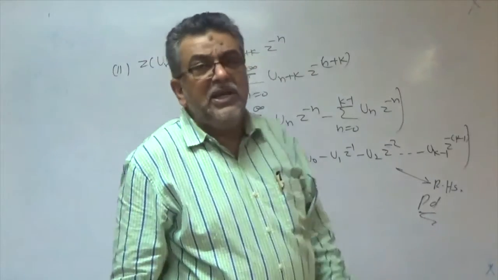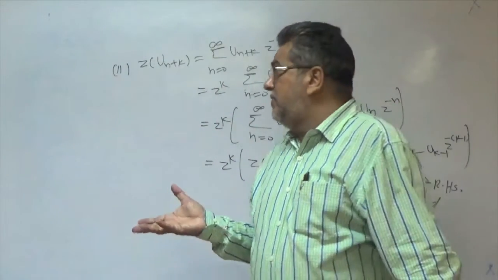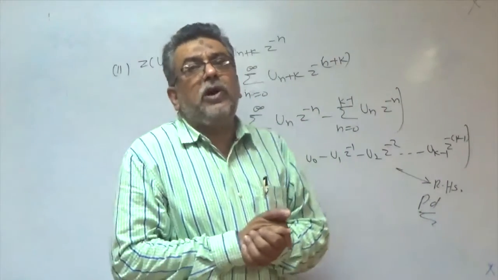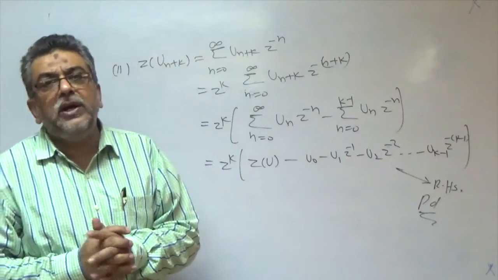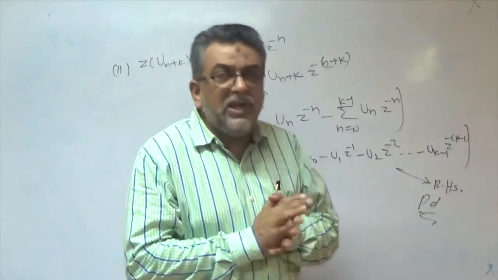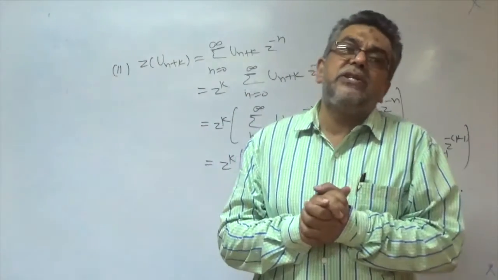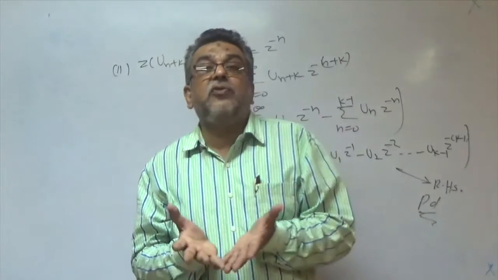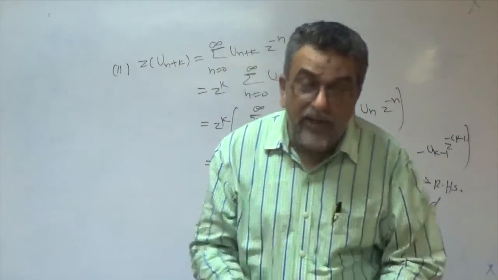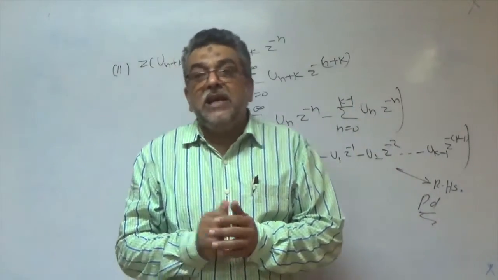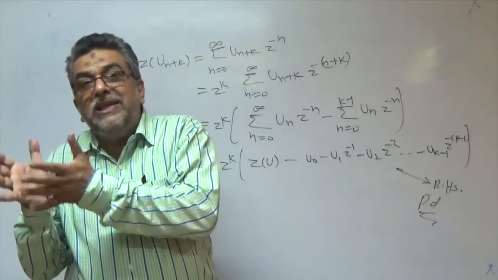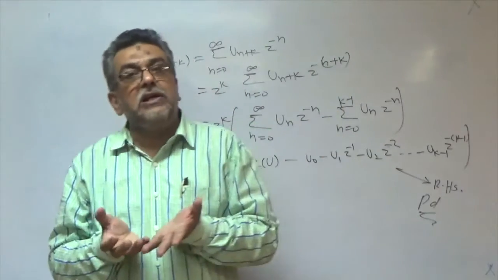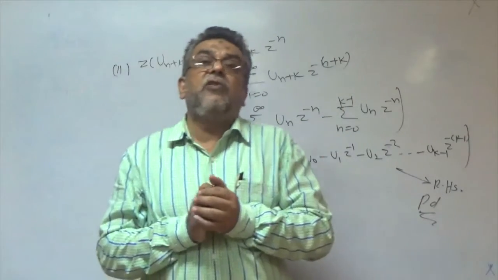So I do this, and since my time is finishing, I want to sum up today's lecture. I discussed the Z transform. In this lecture, I discussed what the Z transform is, and as I told you earlier, a transform means we transform any sequence or function into another form by using some mathematical tool. Here, the tool is an infinite series.